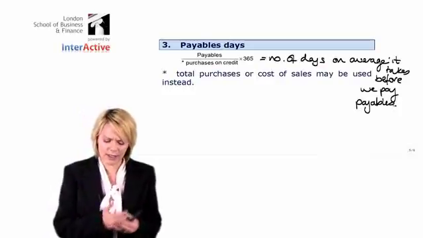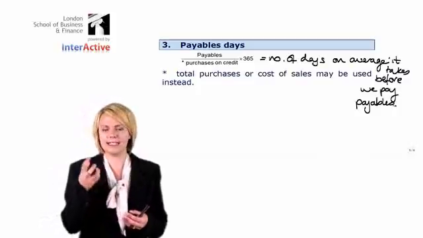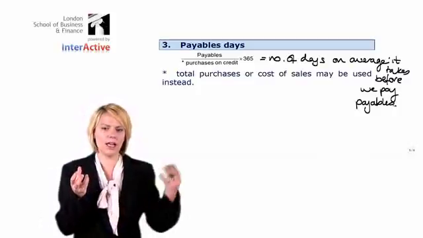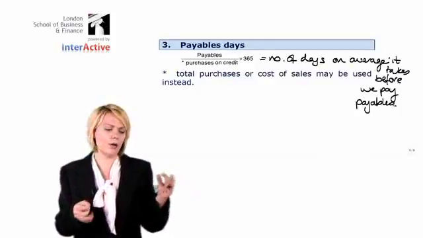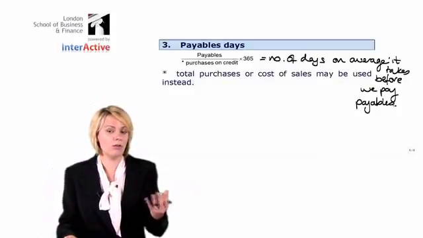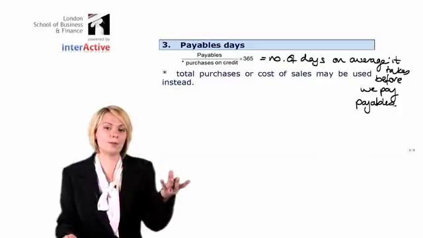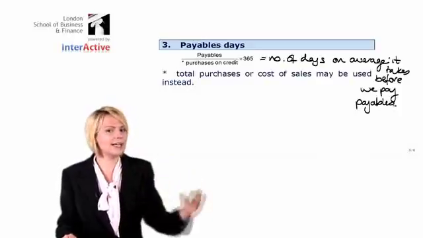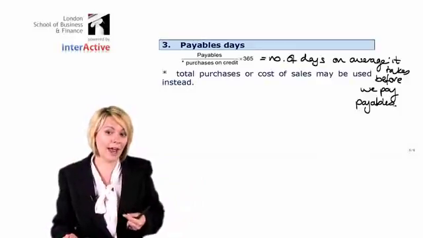Now, again, it will be useful for us to compare the average number of days it takes us to pay our payables against our suppliers' average credit terms. Now, if it's 30 days credit terms, let's say, well, as a result, if our average payable days are 90, well, we're taking too long to pay our suppliers. Is that because we don't have enough cash?